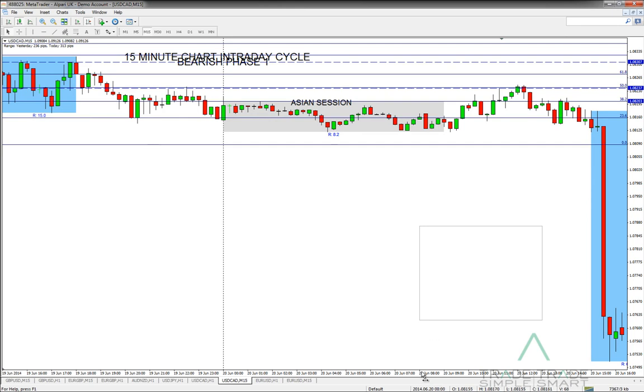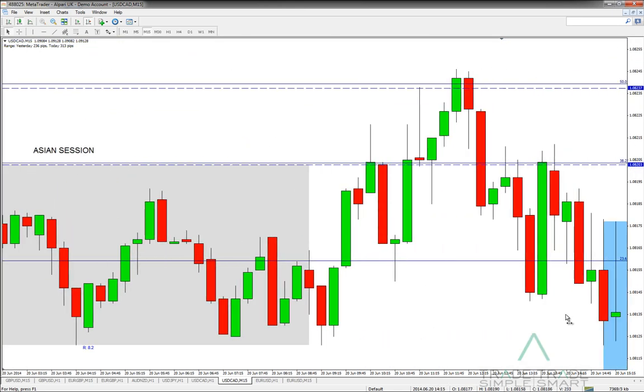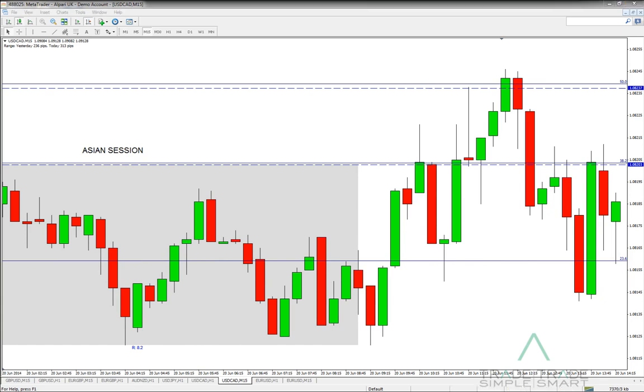So if I just zoom in so we can see this a bit more clearly, we had smart money push the market up after the open of the London session, and we saw evidence of selling coming into the market, and we can see this in the bar represented here.